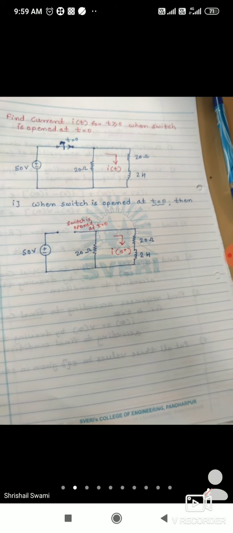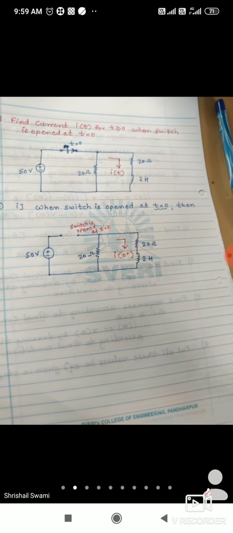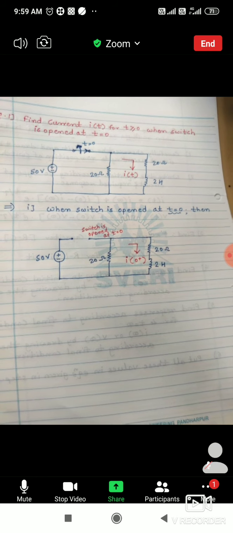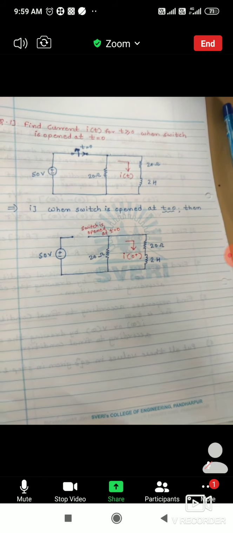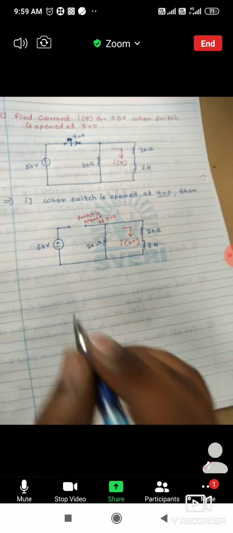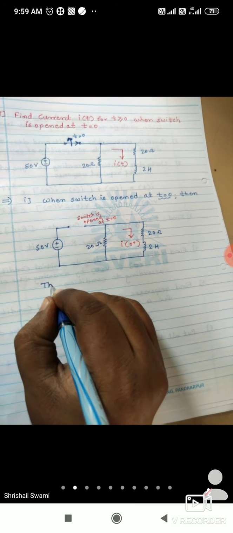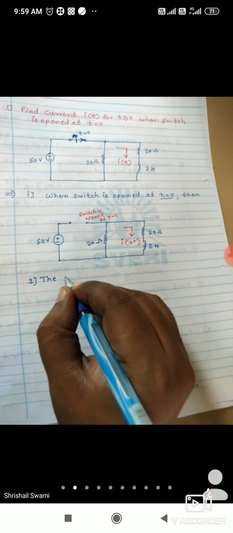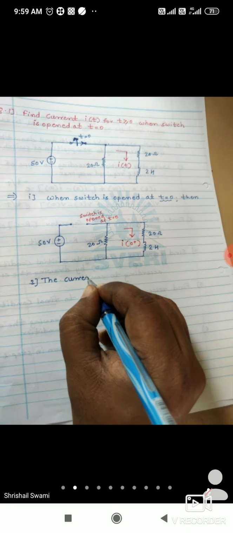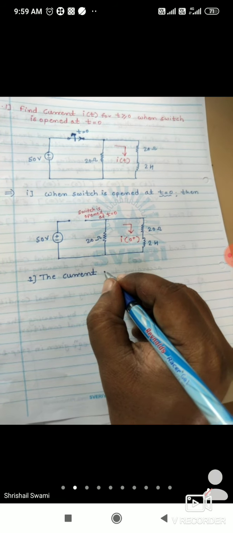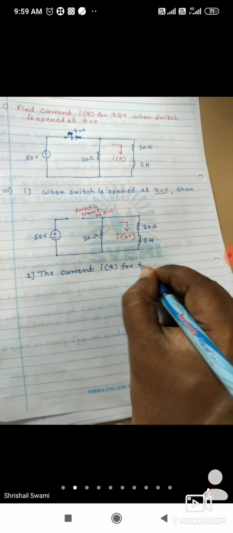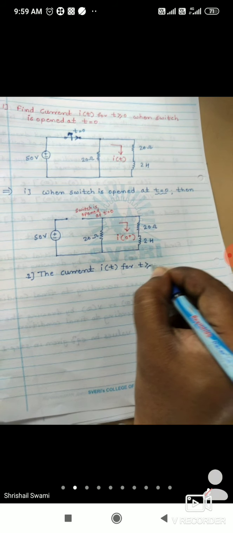So how to find out I of 0? Before finding, I will write the equation. They are asking the current. Therefore, the second step, the current I of t for t greater than or equal to 0.